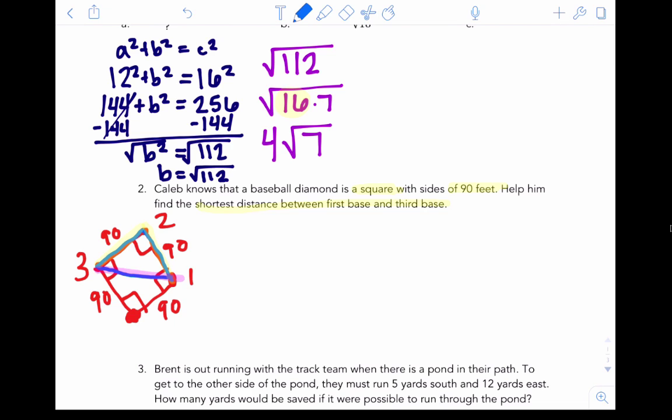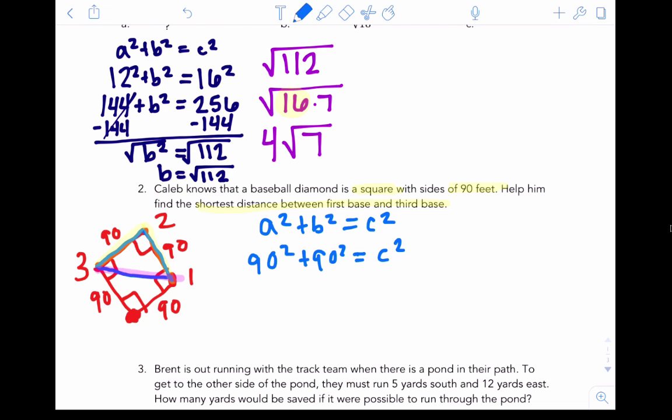So now we can go ahead and set up our Pythagorean theorem. We can start with a squared plus b squared equals c squared. I know that my a and my b are both 90, so I have 90 squared plus 90 squared equals c squared.